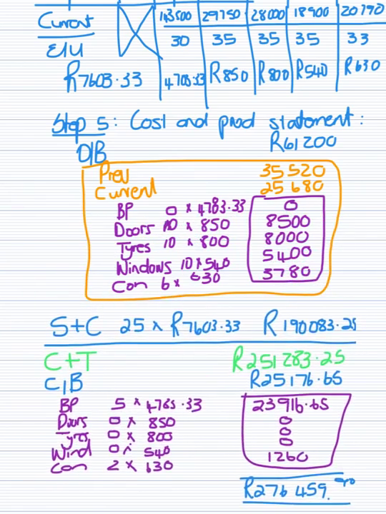So you will now see that we will balance, or we are out by 10 cents for our total cost that we have in step 3.